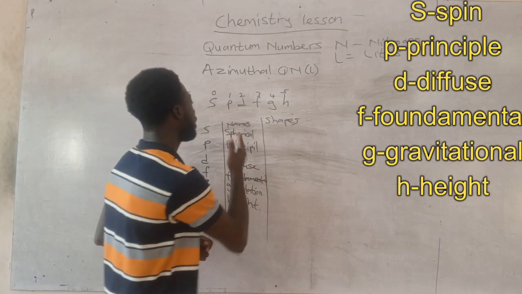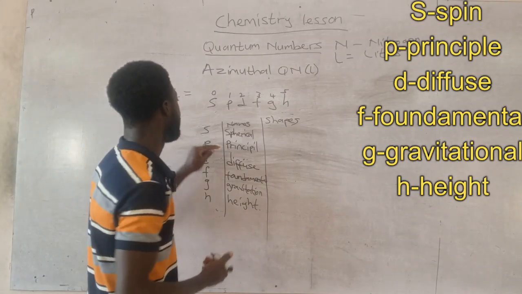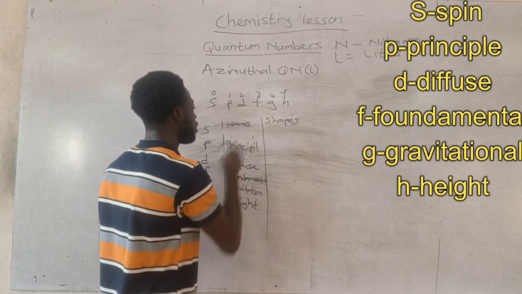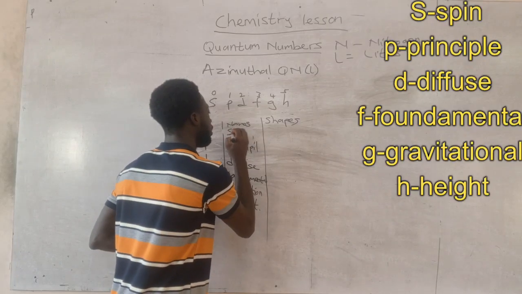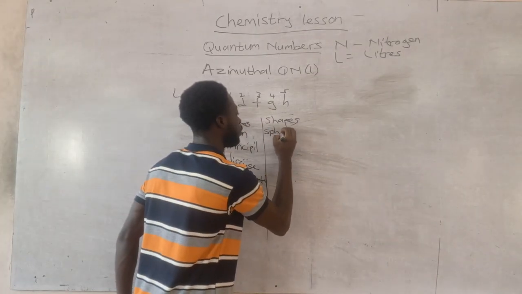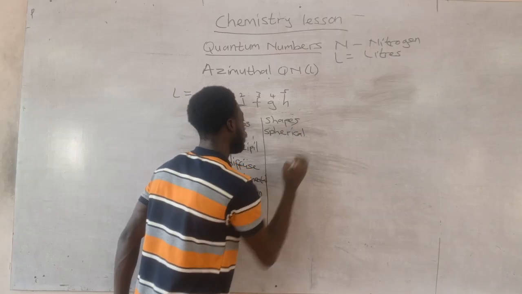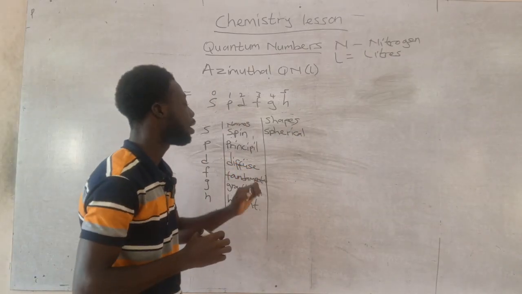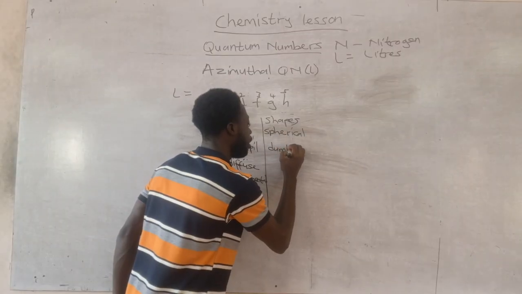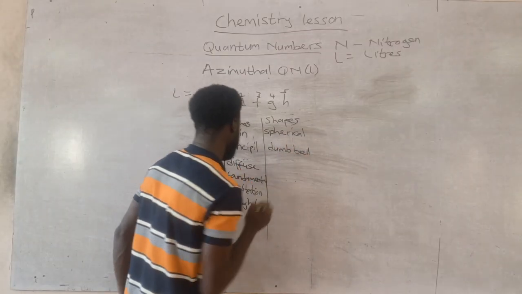Now what are the shapes? The s orbital is spherical. The p orbital, the principal, has a dumbbell shape.